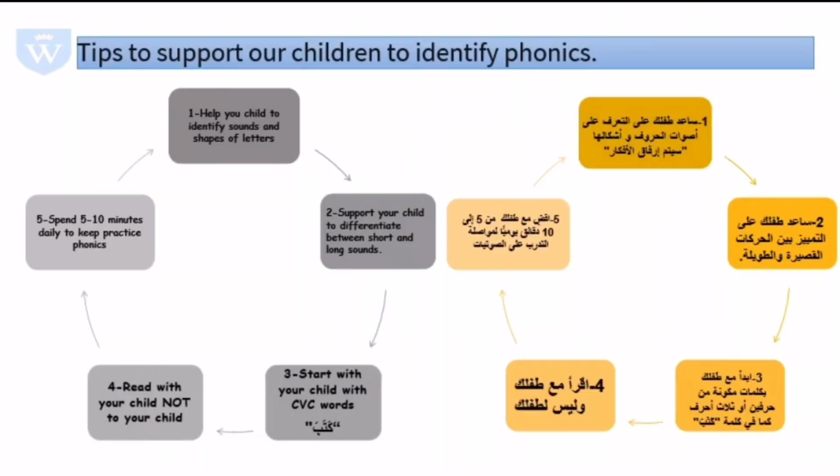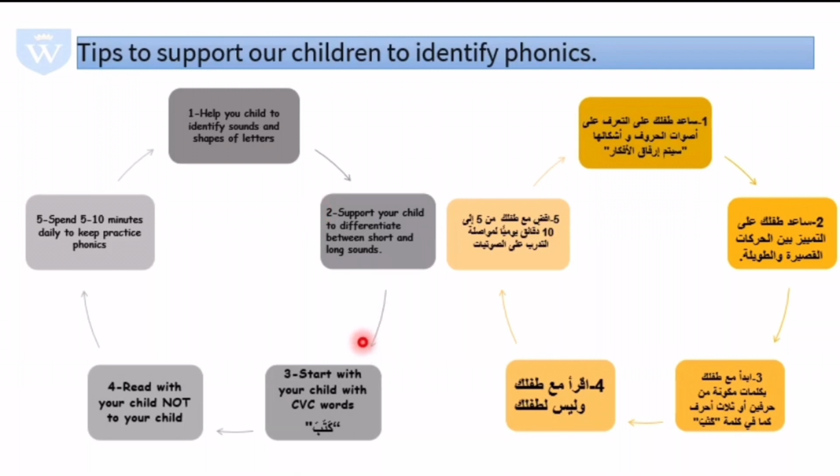Tips to support our children to identify phonics. First step, help your child to identify the sound and shape of letters. You are kindly asked to support your child to identify the sounds, such as b, j, kh, r, and try to identify the shape of each letter. The second step, support your child to differentiate between short and long sounds, which is a very important point.